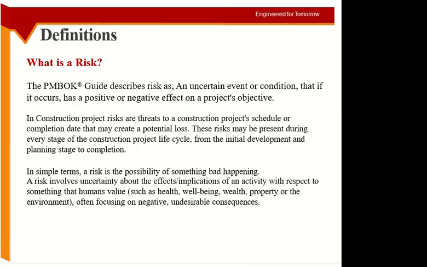So there are conditions which may not affect the project objectives. First thing is, risk is something which is uncertain. Second important thing is, it is uncertain and it can affect the project. If you don't fulfill any of these conditions, then you will not call it a risk.